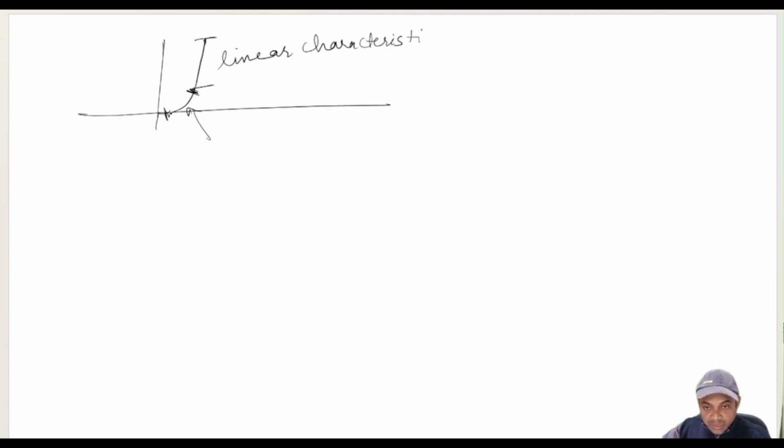Our interest is in this portion, the square law characteristic of a diode.